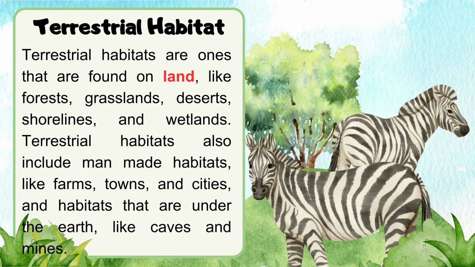Terrestrial habitats are ones that are found on land, like forests, grasslands, deserts, shorelines, and wetlands. Terrestrial habitats also include man-made habitats, like farms, towns, and cities, and habitats that are under the earth, like caves and mines.